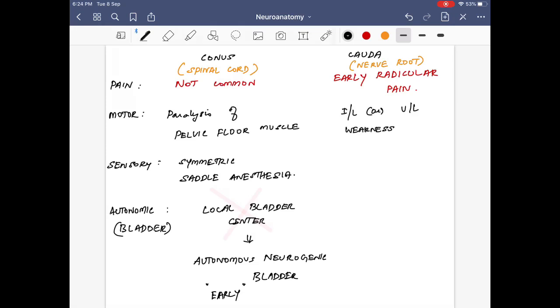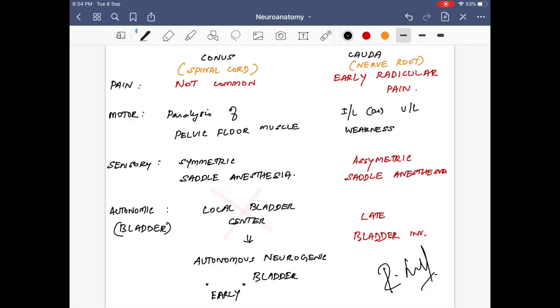There will be an asymmetric saddle anesthesia, meaning there will be no symmetry; one side will be affected more. Asymmetric saddle anesthesia and late bladder disturbances are characteristic of cauda equina syndrome. This summarizes the differences between them. Thank you.